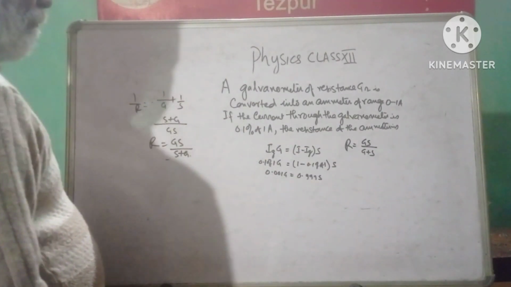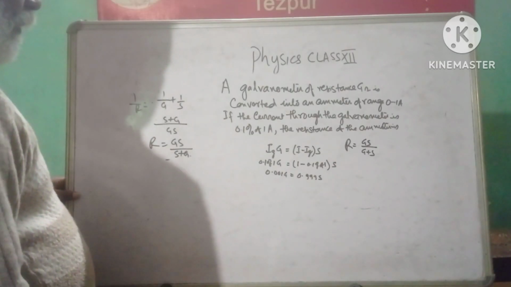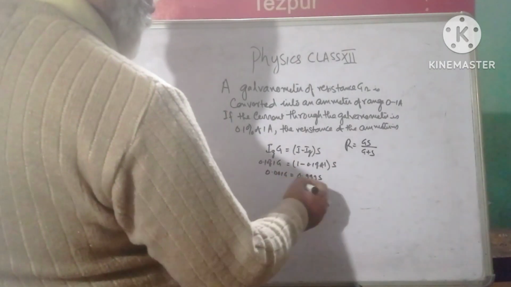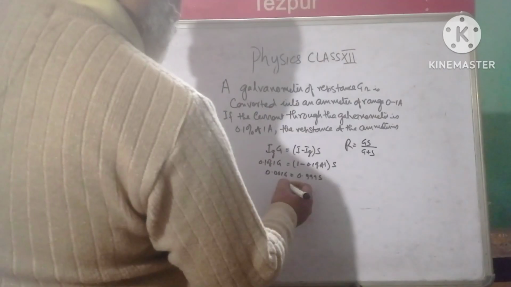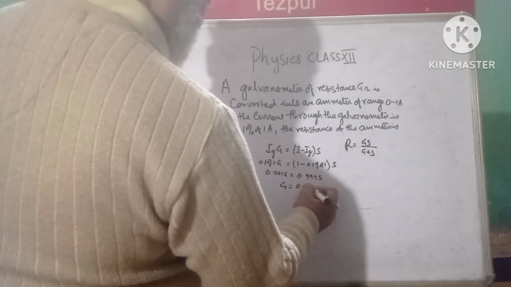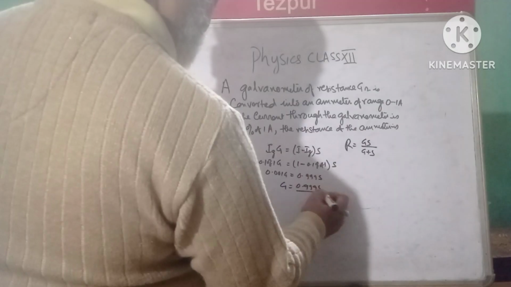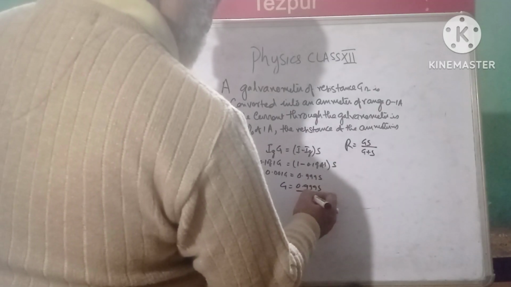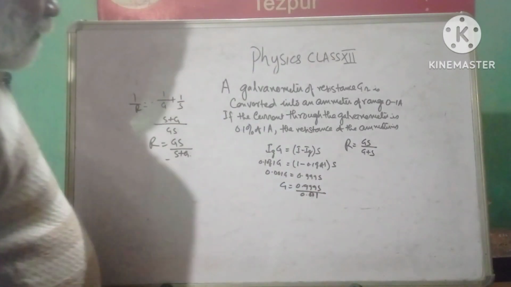Now from here, what do we get? We get G is equal to 0.999 S by 0.001.